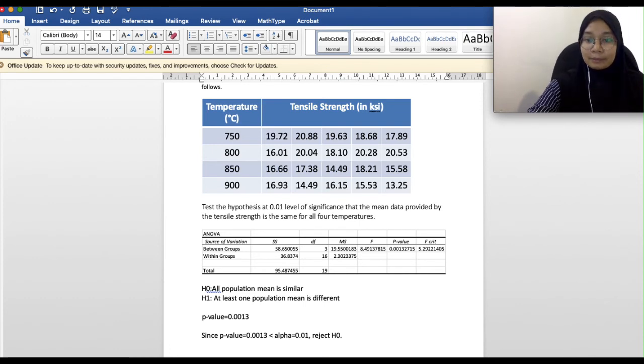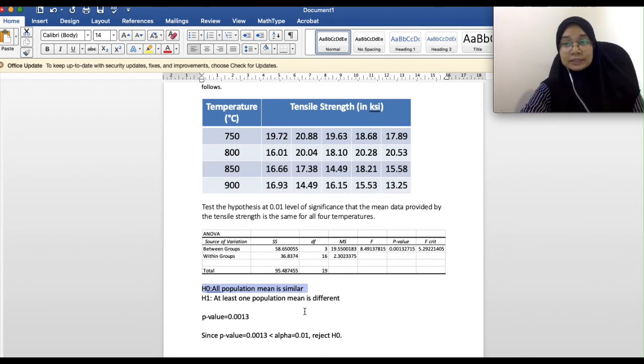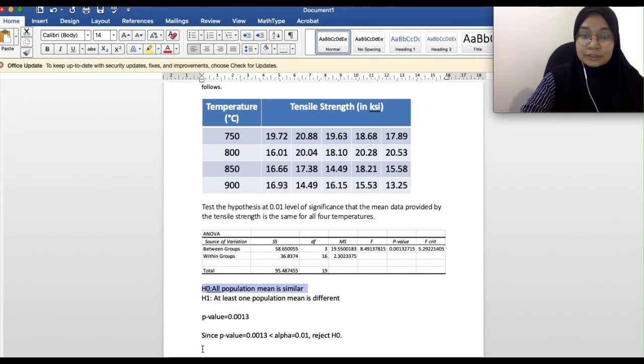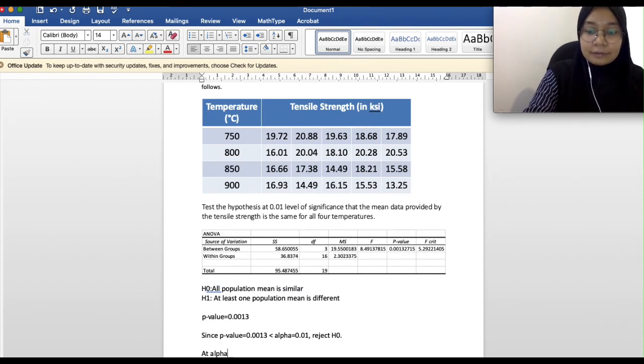Okay, what will happen if you reject H null is, you reject this one. So what will happen? At least one population mean is different. So there is a difference between the population mean. So the conclusion is at alpha 0.01, at least one population mean is different.